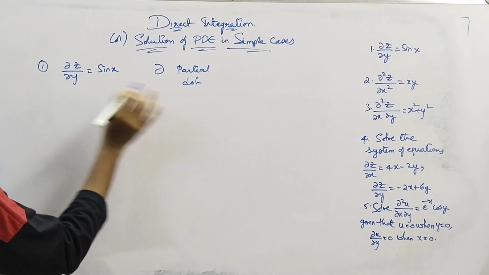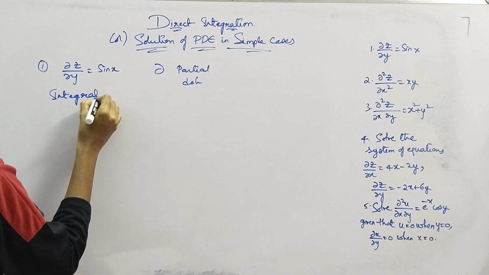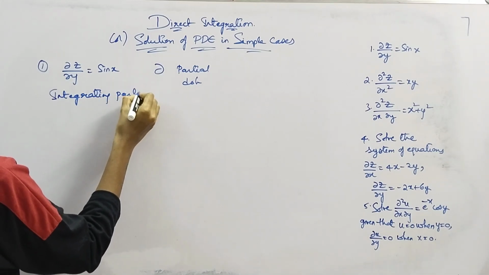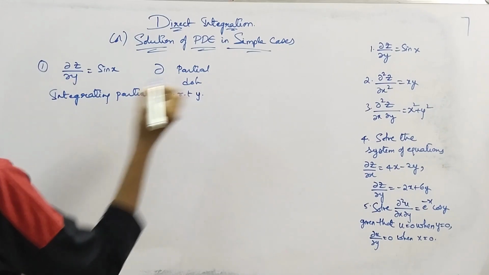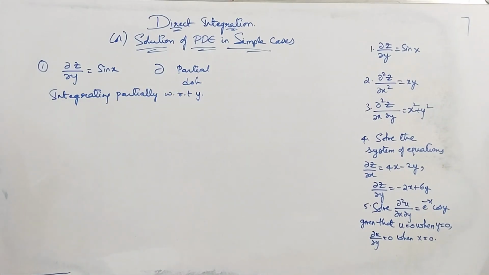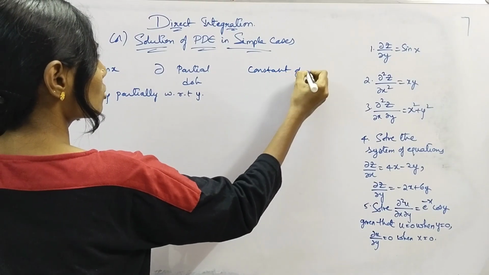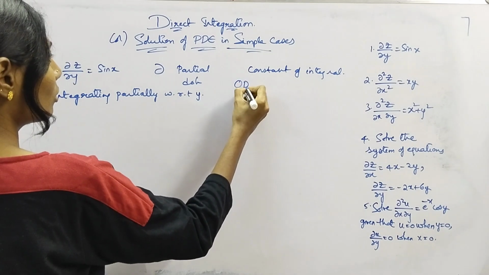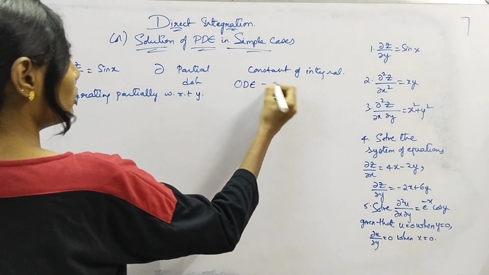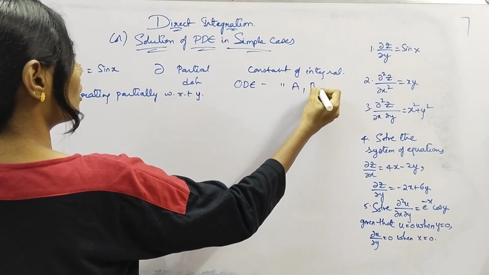So here we are going to integrate partially with respect to y. We all know that while integrating we'll get a constant of integration. While considering an ODE, we'll just write some a, b, c, whatever.